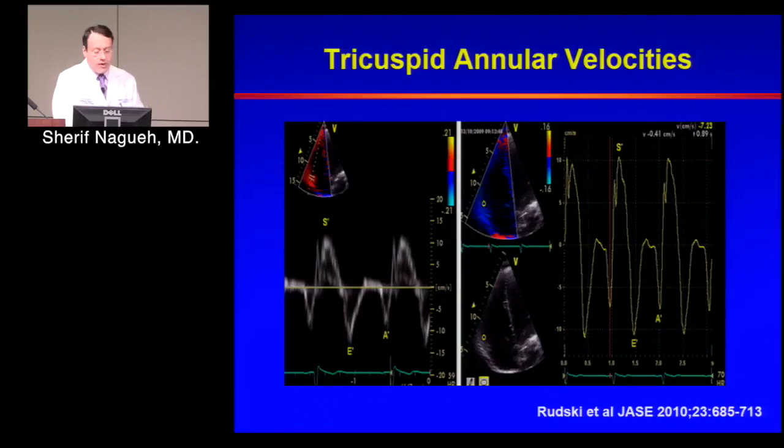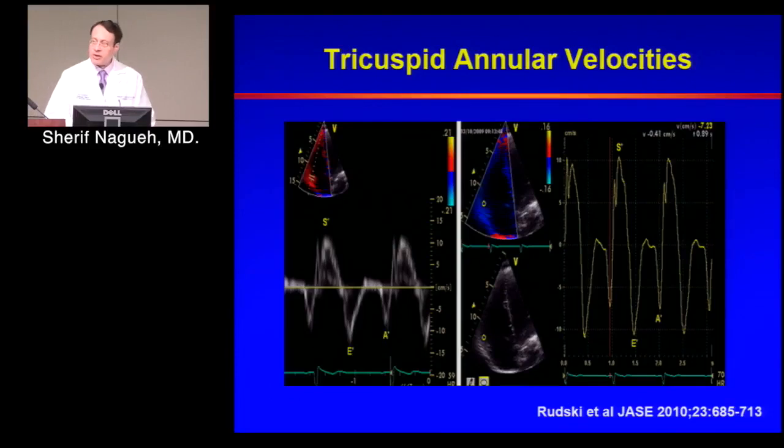Another technical point that can be a problem includes alignment issues. If I am oblique, then that velocity will have a lower value just by the Doppler principle. You multiply that velocity by cosine of the angle, and as you know, as you go from 0 to 90, the cosine keeps dropping from 1 to 0. However, say you are presented with an image where there is angulation, but despite that angulation, you are measuring a velocity of 12 centimeters per second.